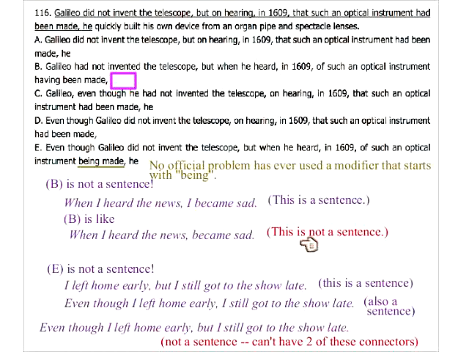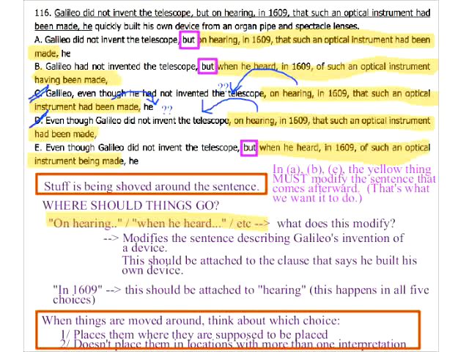Okay, good times. So again, the main point here is that we have a modifier that is attached to different things at different points. We want to make sure that it's attached to the right stuff and that it's not also attached to the wrong stuff. That's kind of the idea.